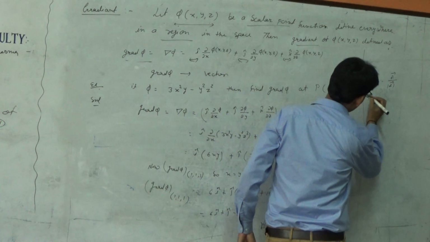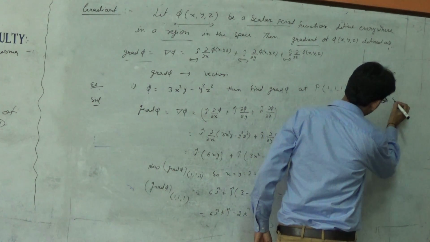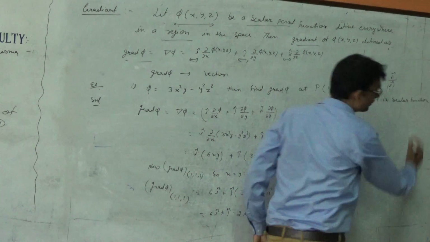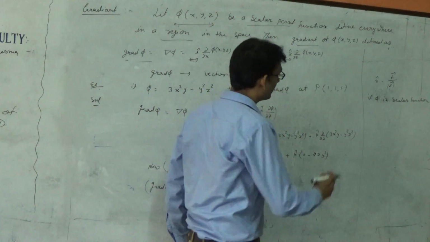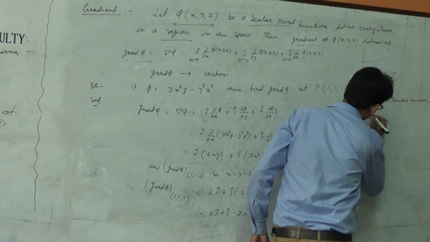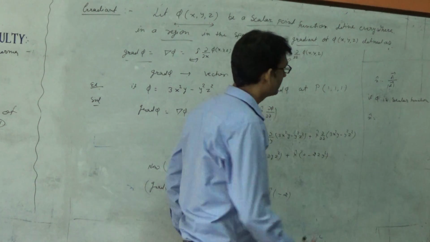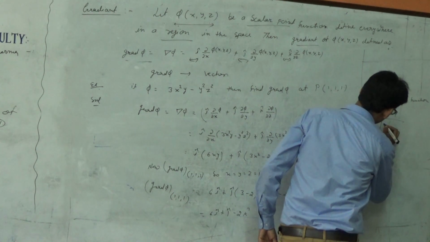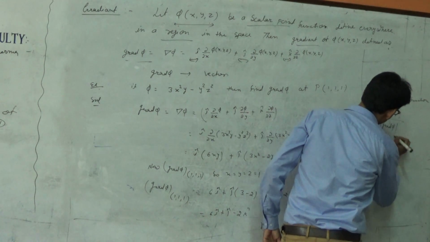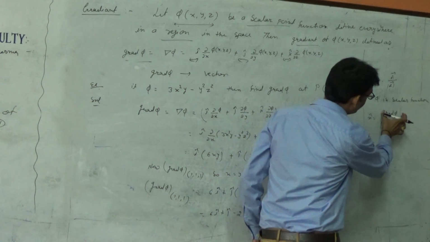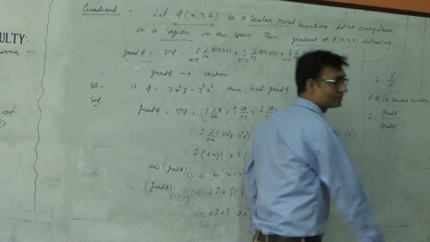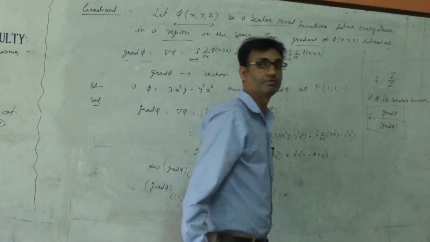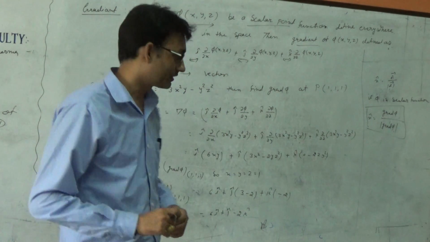Here, if phi is a scalar function, what is the normal vector? The unit vector is equal to grad phi upon the norm of grad phi. Now this term becomes a vector and this is the norm. So this is the use of gradient, to find the direction of the function.